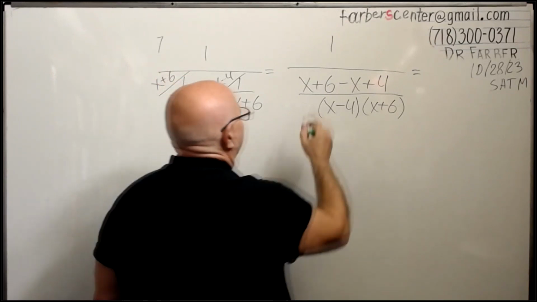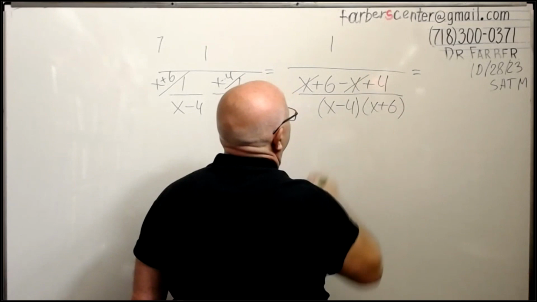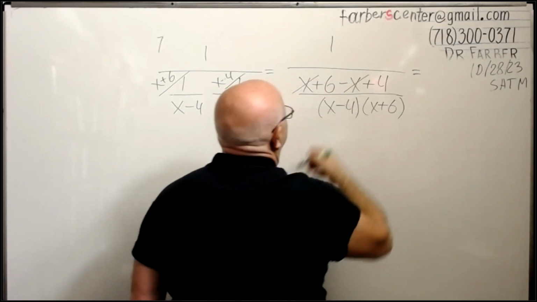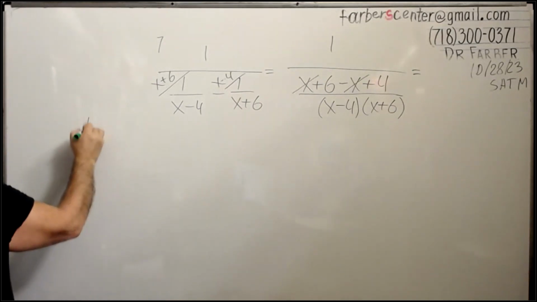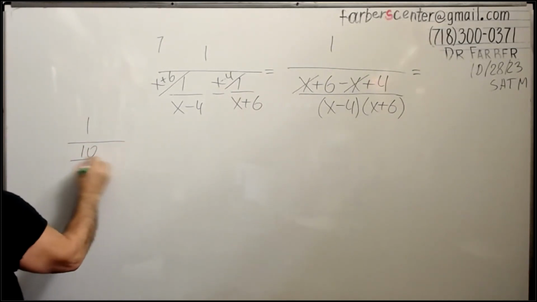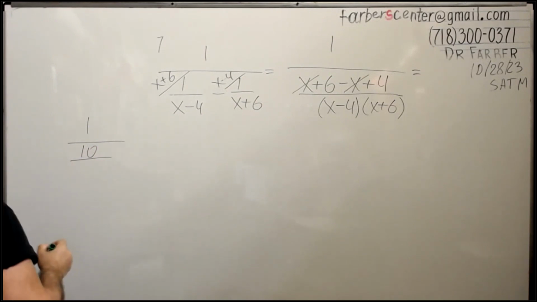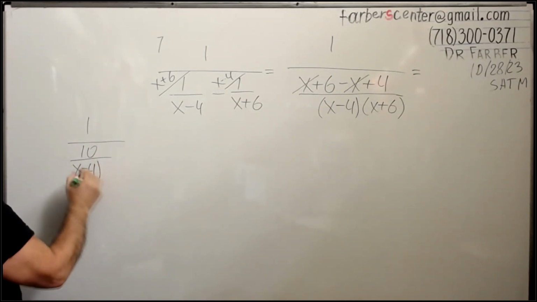Now, combine like terms. x minus x cancel out. 6 plus 4 is 10. Right here, and you do 1 over 10 divided by x, in this case, minus 4 times x plus 6.